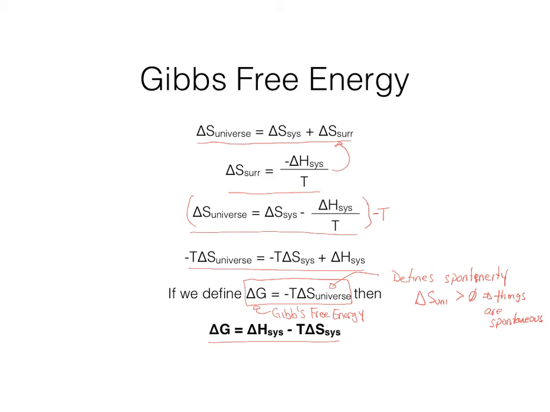And so that means that our Gibbs free energy is a different measure of spontaneity, and that relates only to the system, the delta S of the system and the delta H of the system. And it has this temperature term in there, which means that we can measure this at more than one temperature.